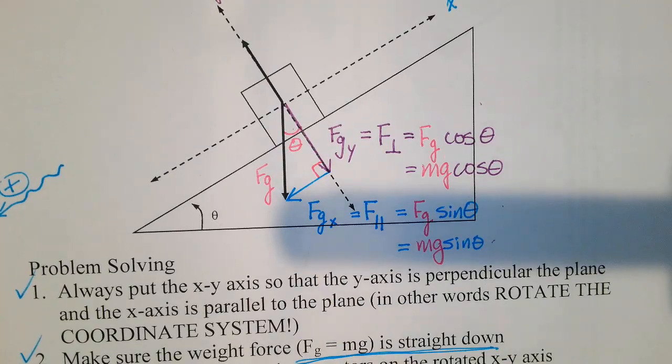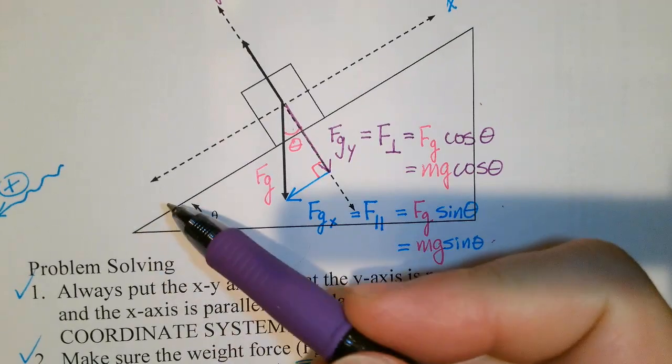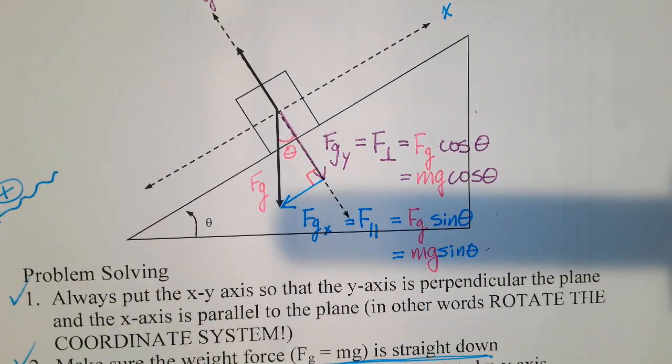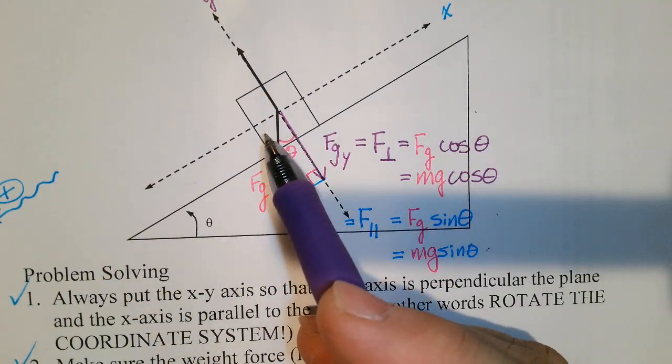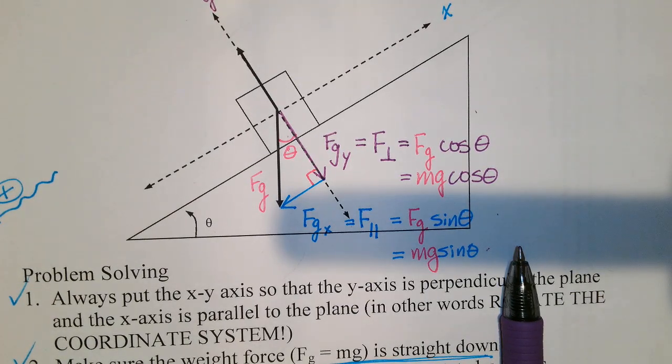And along the incline, parallel to the incline, it would be accelerating either down the incline or up the incline, depending on which way the motion is going. All right. Any questions so far? Okay.